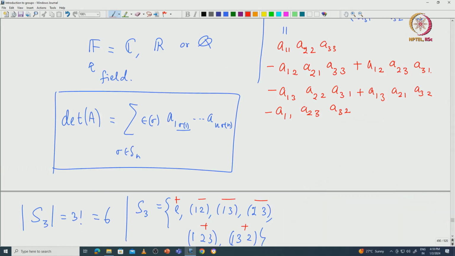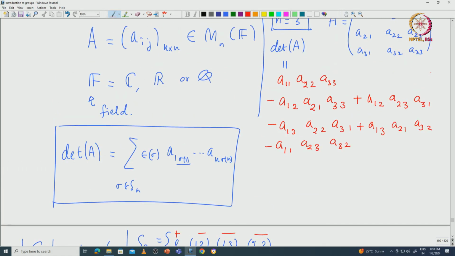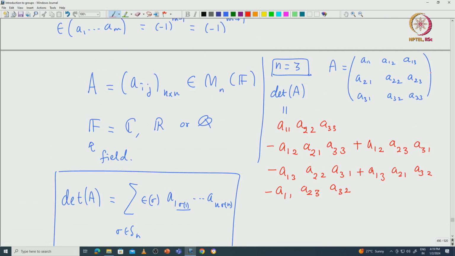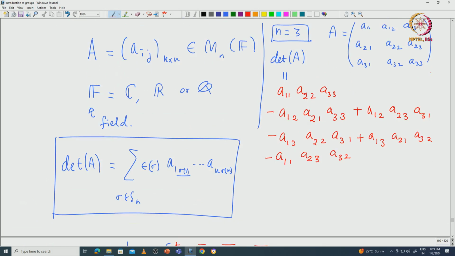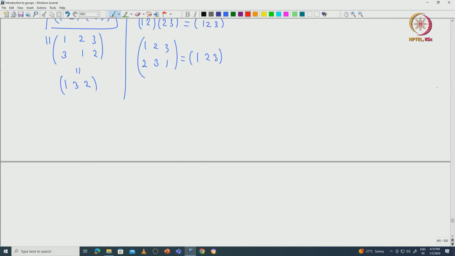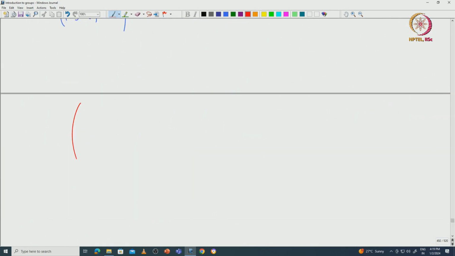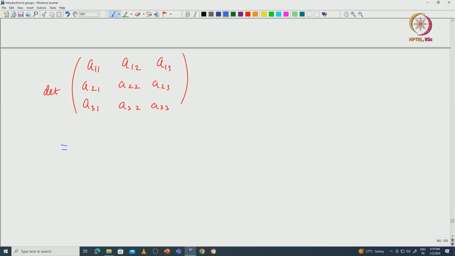So these are the terms, and you can cross check. This is what you get using this standard formula for the determinant. For example, you can cross check like this. This is A11, A12, A13, and then A21, A22, A23, and then A31, A32, A33. When you take the determinant of this, you have this expansion using cofactors, and you get this exactly. You put plus, minus, plus here.